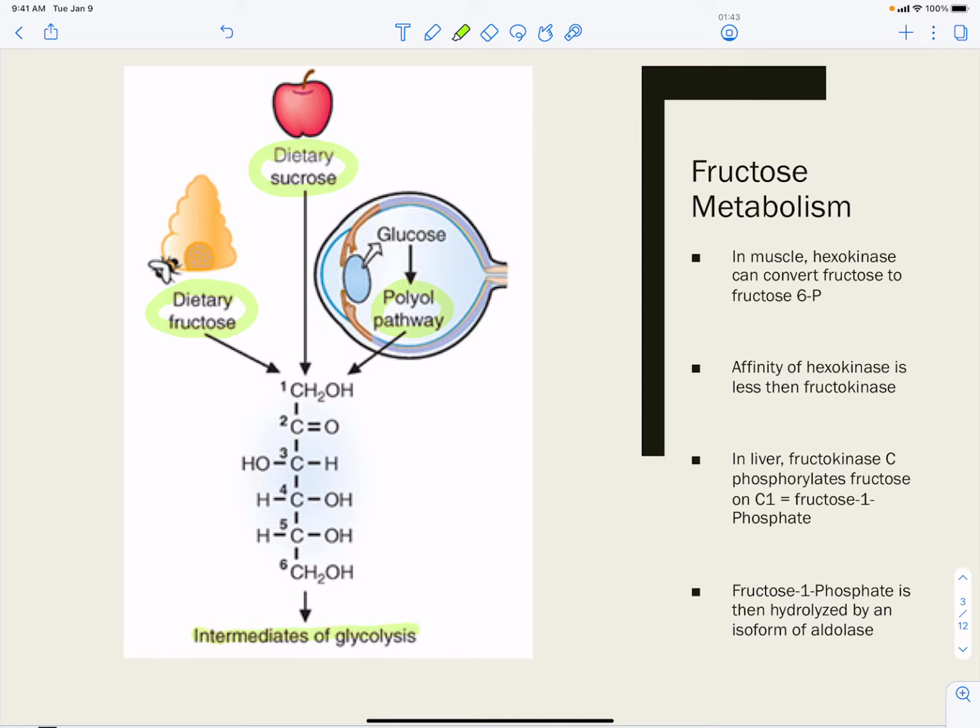Fructose metabolism is going to, in the muscle, we have a hexokinase that can convert fructose to fructose 6-phosphate, but this is very minor. Your muscles do not like fructose. Fructokinase C is the version in the liver, and this is going to be the major site of fructose metabolism.